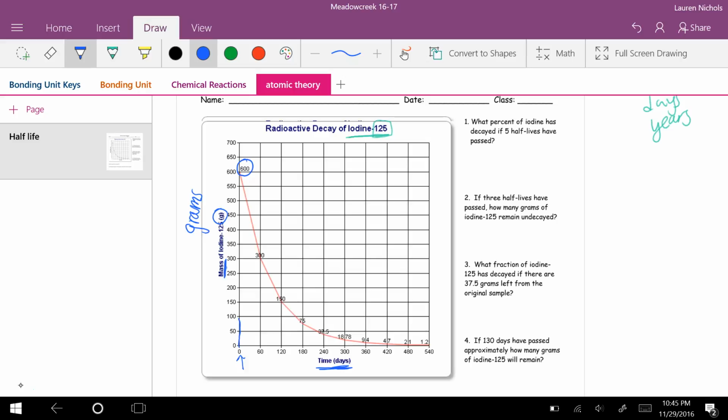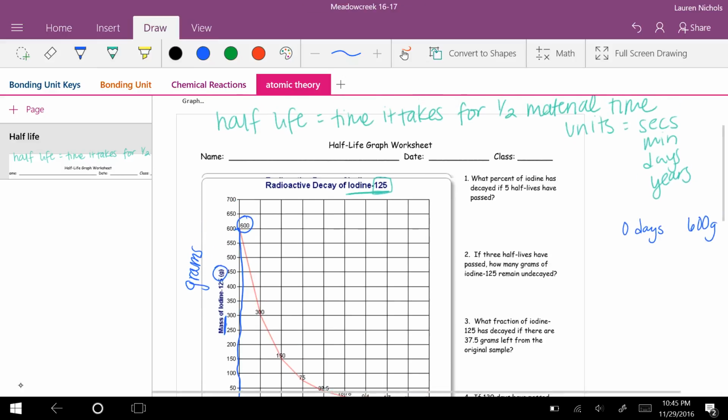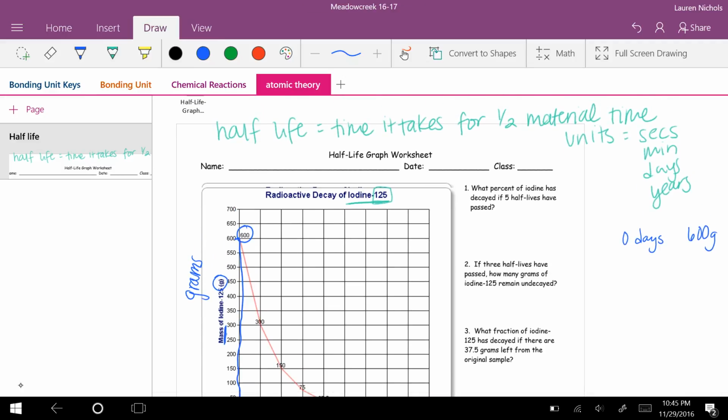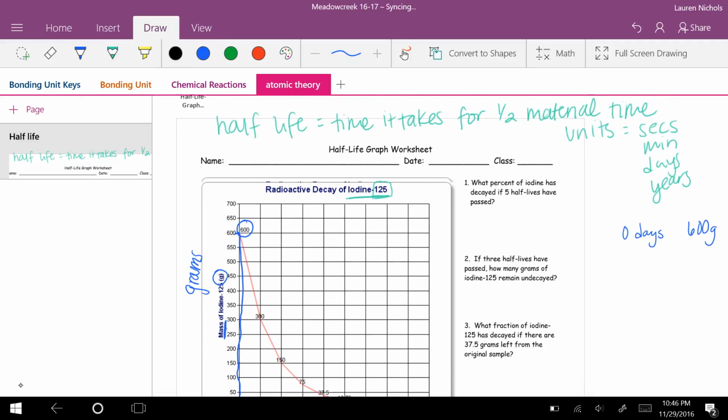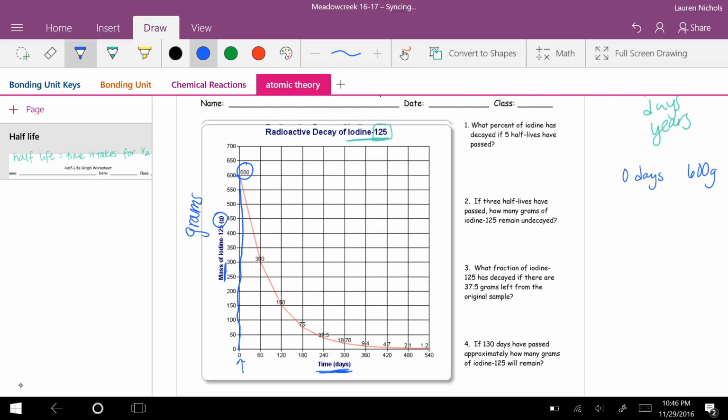We can just follow up the line and look at the unit where it's measuring with this little draw here, and we see that we have 600 grams. So if at 0 days we have 600 grams, then we know that our half-life, according to our definition, is how long it takes for 1/2 of the material to decay. And so we say to ourselves, well, half of 600 is going to be 300 grams.